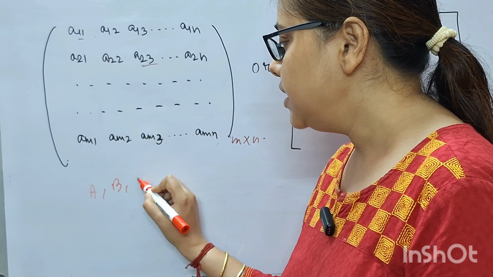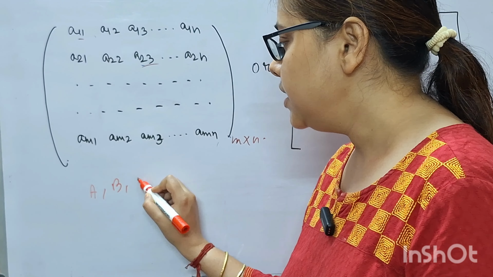Like if A is a matrix of order 2 by 3 and B is a matrix of order 3 by 4, then since A and B are of different orders, A plus B will not exist.